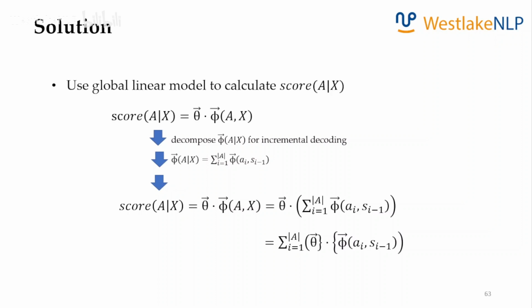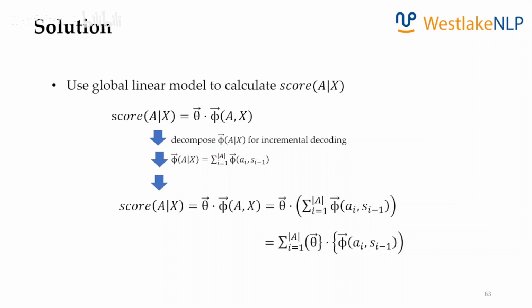So we extract features from the action sequence or state transition process. We result in a global feature vector for the sequence. And then we use a model parameter theta dot this feature vector to score the sequence of actions.